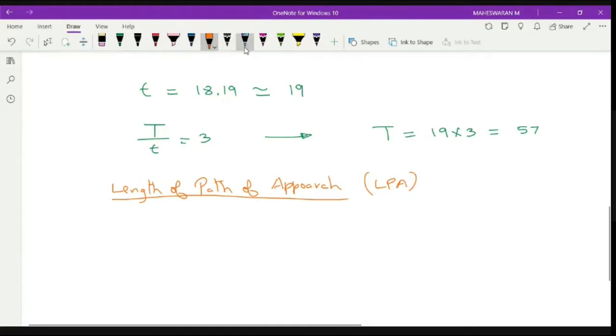This LPA has a formula related to capital R, capital RA, and phi. So only three variables for this particular formula.